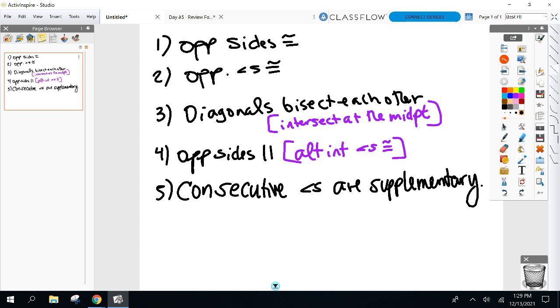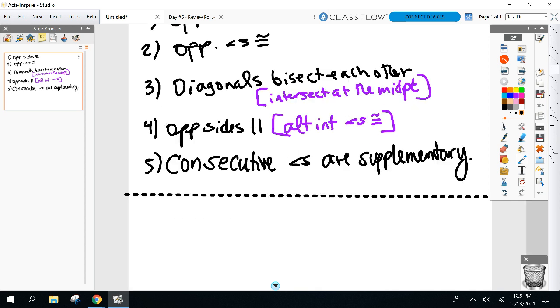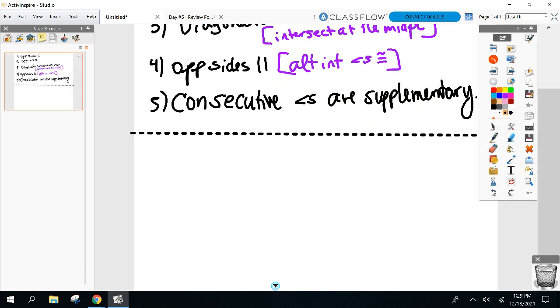Oh, I'm not even done yet, because this was just days 2, 3, and 4. What happened on day 1? The formula you need for tomorrow: the sum of the interior angles of a polygon. Oh, yeah. Remember, that's not in your notes; everyone probably has a blank page because I had to give you the handout for that one.